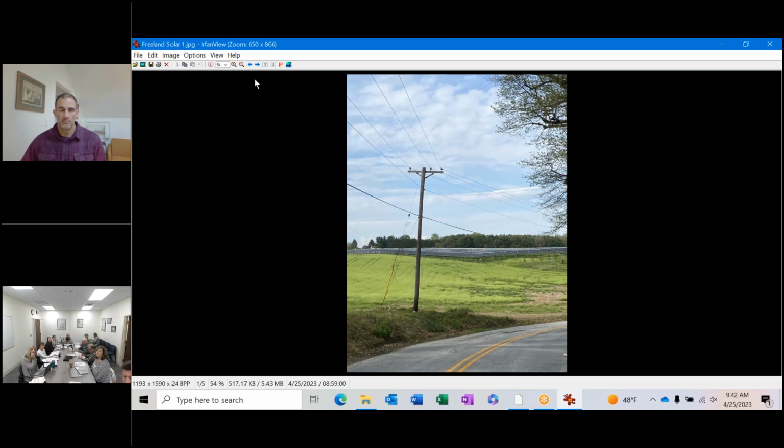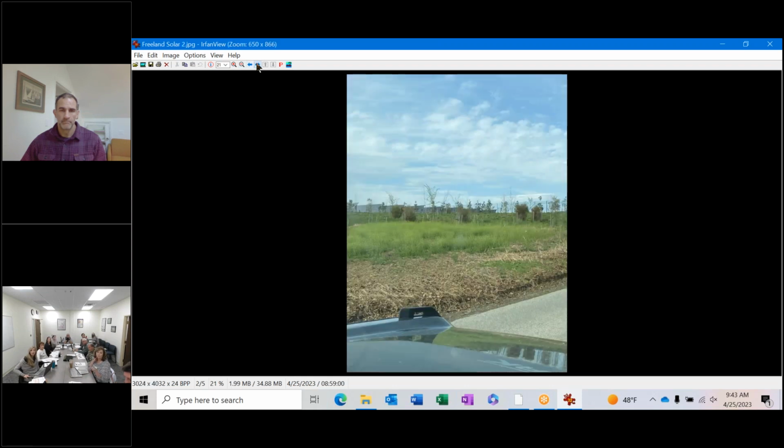So this is a solar farm in Baltimore County, and this is the view as you approach from Oakland Road in Freeland. And it does have landscaping around it. I know we can't zoom in any further, so it's maybe a little difficult, but if you go to the next photo, this is the screening that they planted, and you can see right through it.